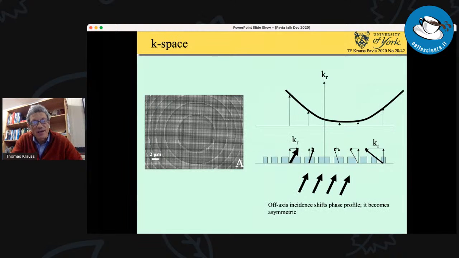If I now come in at an angle, I basically shift the entire plot in k-space. Because the incoming light already has a radial k component, I'm now distorting this. And now I achieve an imbalance. So the rays on the left and the rays on the right are no longer symmetric. So that gives me a distortion. And that's the problem, right?